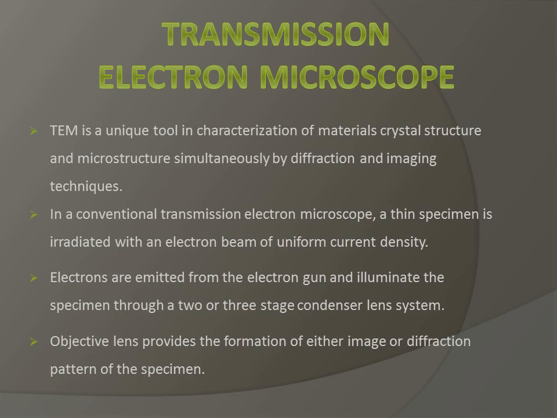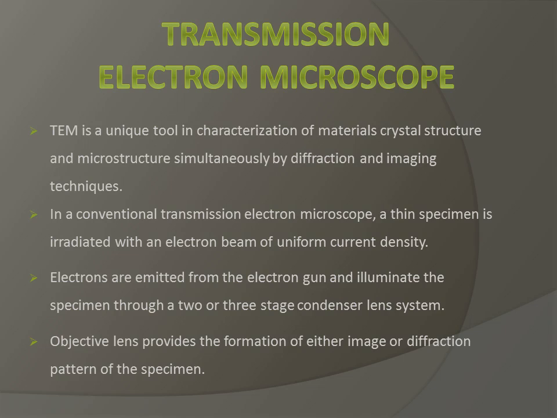Both can be done simultaneously, as diffraction and imaging techniques can be incorporated in this TEM. So it has several advantages over the conventional microscope, which uses light as a source. Let me discuss that later, we have a comparison table of it. What are the advantages of the transmission electron microscope?